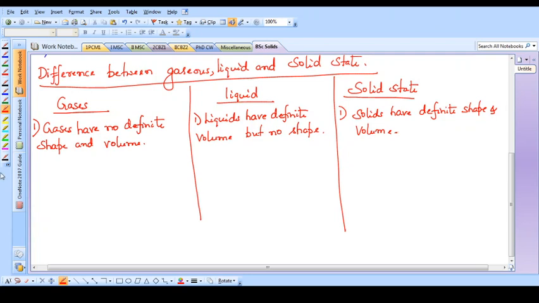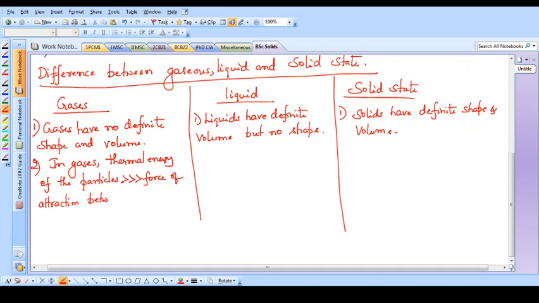So how do you categorize gas? In gases, the thermal energy of the particles is much greater than the force of attraction between them.